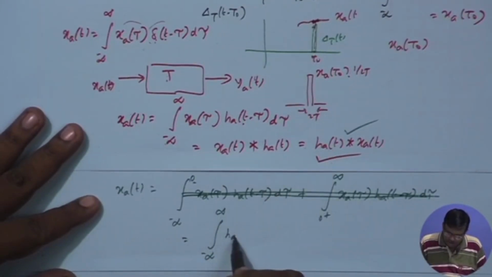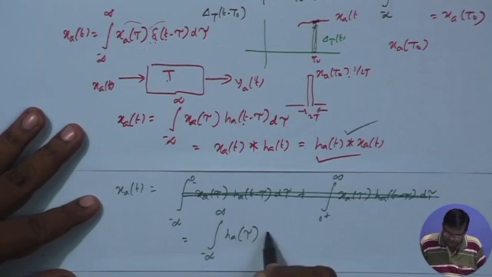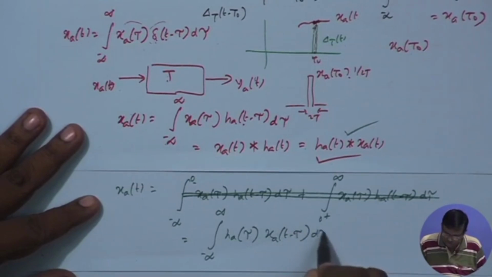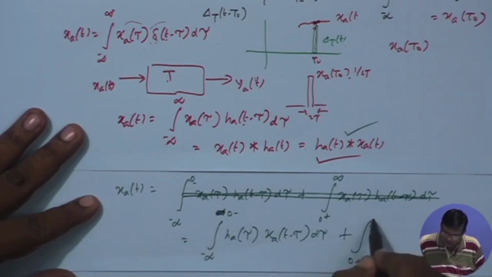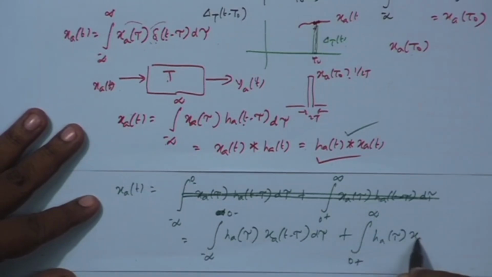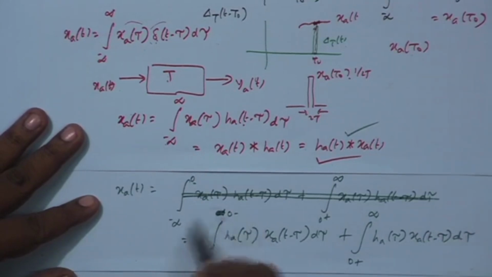First h, this will be up to 0 minus, 0 plus, and this remains as it is. Now, look at this integral.